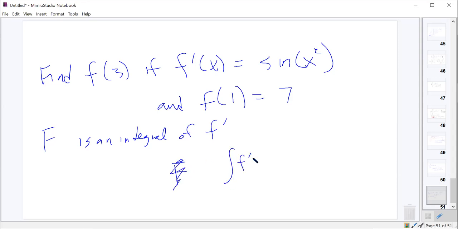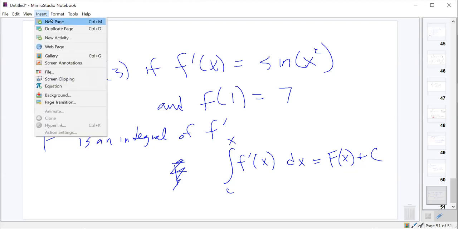The integral from a constant to x of f prime of x dx should be equal to capital F at x plus some constant, right? So we need to figure out what this constant is and what this constant is.